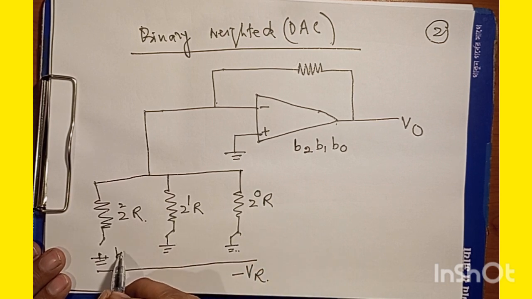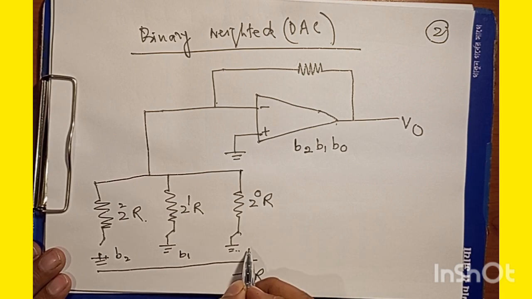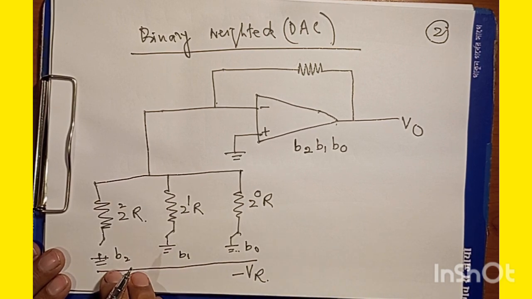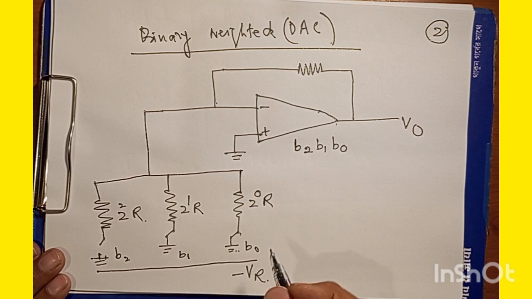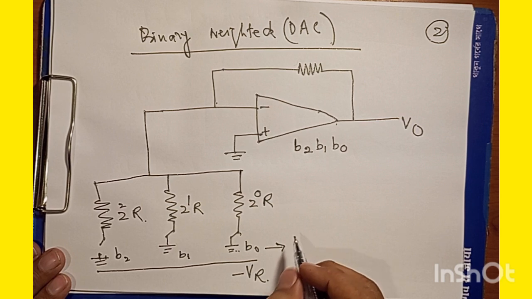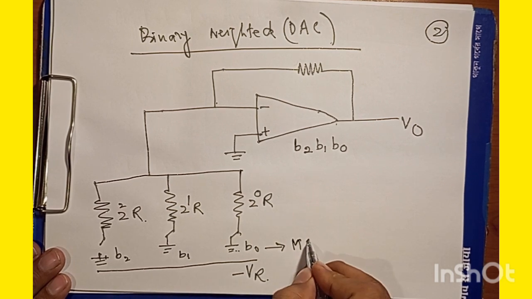So B2 should be linked with this, this should be B1, and this should be B0. Let this B0 denote MSB, and MSB is what?